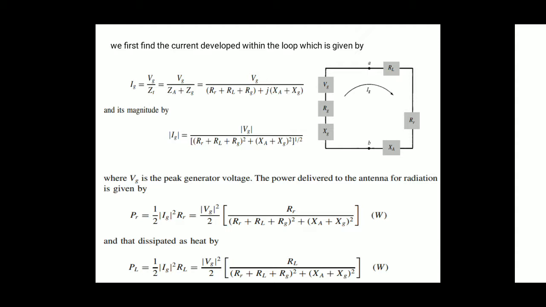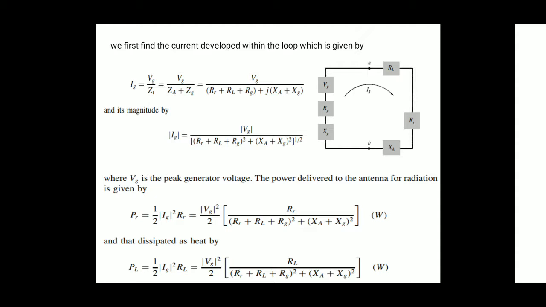So first we find the current developed within the loop, which is given by this. After calculation, Ig is the total generator current of the closed loop, Vg is the total generator voltage, and Zt is the total impedance.